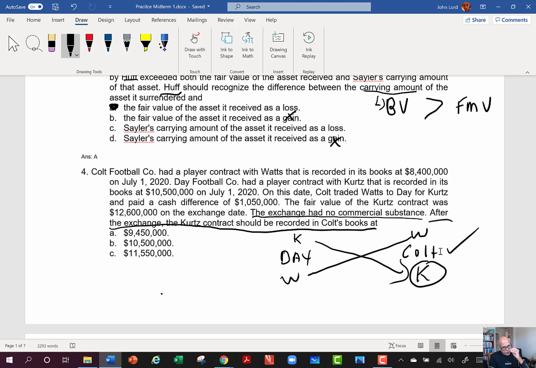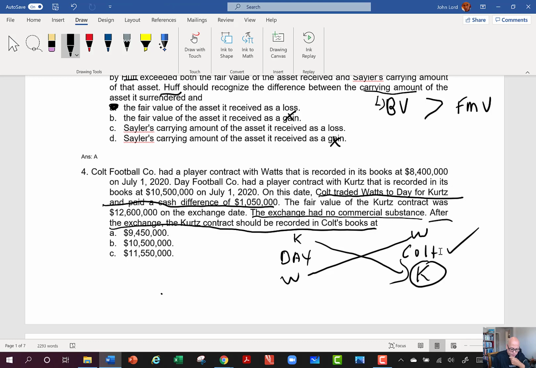Since Colt, the one we're doing the accounting for here, is paying the cash, they will only recognize a gain if the cash constitutes 25% or more of the total consideration, right?